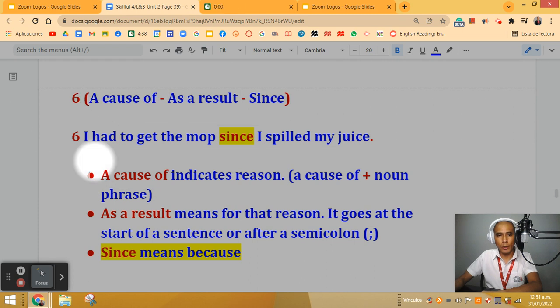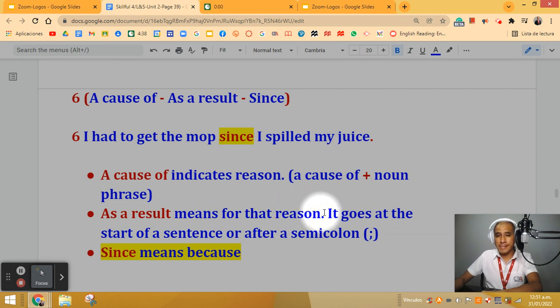Now, what about number 1? A cause of. A cause of indicates reason, but whenever I use a cause of, it's followed by a noun phrase. In this case, I do not have a noun phrase. I have a clause. I have a subject, I have a verb, and complement. That's why it does not apply. The second, as a result means for that reason.